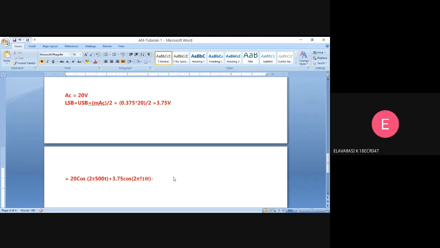minus 3.75 cos 2 pi 490 t. Okay, so this is the derived AM expression, that is the AM of t.